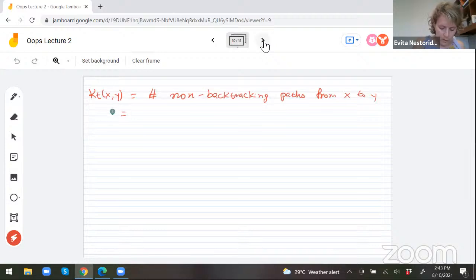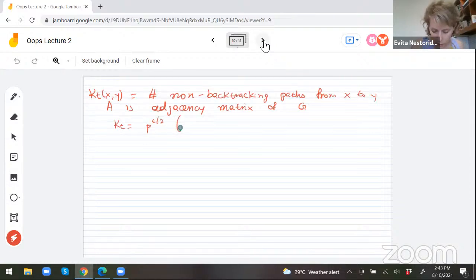So if A is the adjacency matrix of the Ramanujan graph, then K_t can be expressed as follows. Let me copy this correctly so that I don't write it wrong. Okay, I'll explain what each term is in a second.